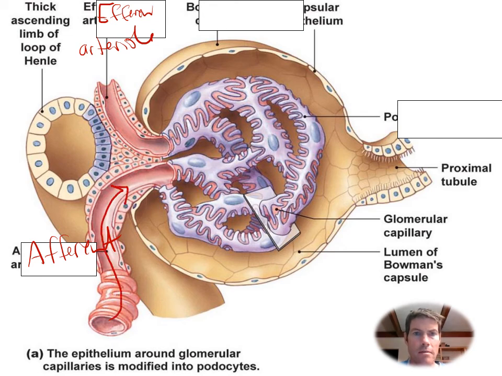Afferent's coming in and it's coming out here, and you can tell. It's kind of hard to see, but if you look, slightly bigger coming in, so you have more volume of blood entering than leaving.